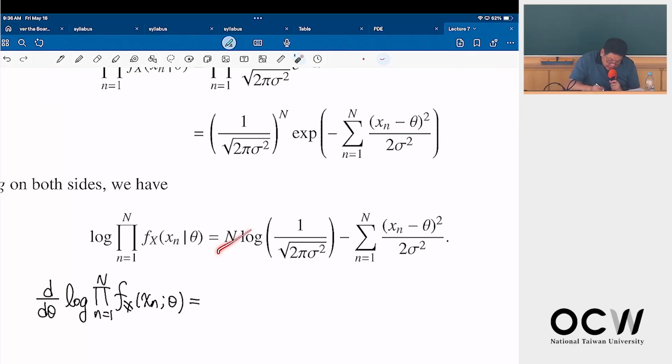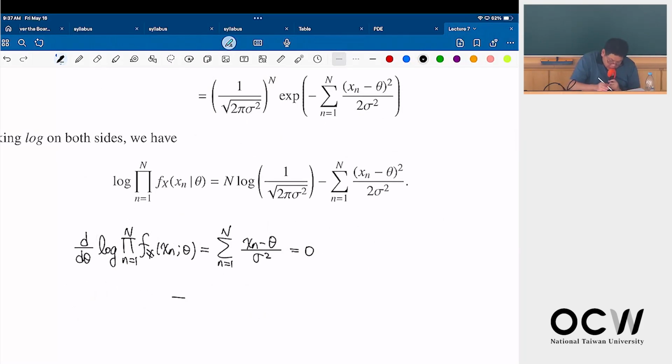So we don't need to care about this log term. There's no theta here. The second term will be the summation n from 1 to capital N, xn minus theta divided by sigma squared. And they should be 0.